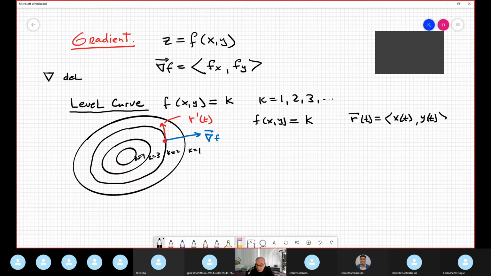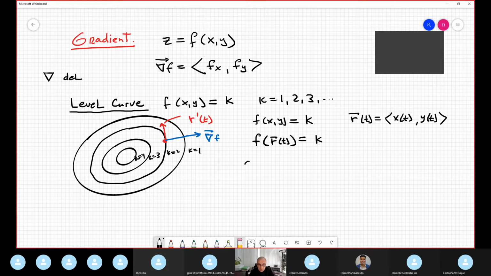You are familiar with this concept: in 3 dimensions or in 2 dimensions, we can define a curve using a vector valued function. So instead of x, y, you express it as a vector valued function.